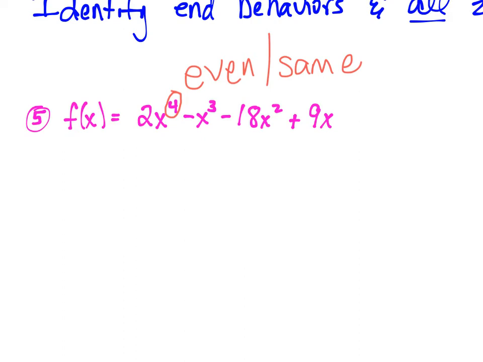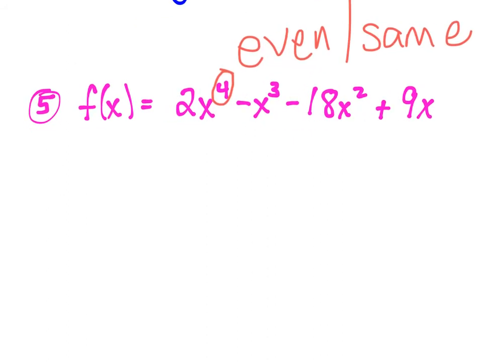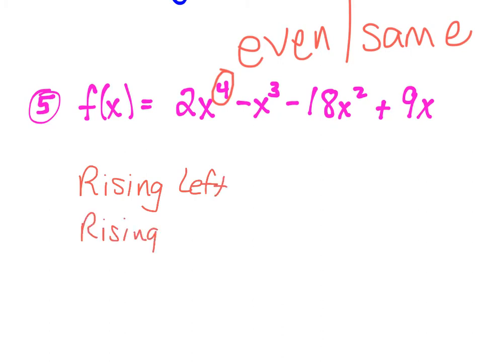Both up, because the 2 is positive. So you would tell me that it's rising left and rising right. I think of it like two lines, so you can tell me what's going on one side and what's going on the other. That's what your end behavior is.